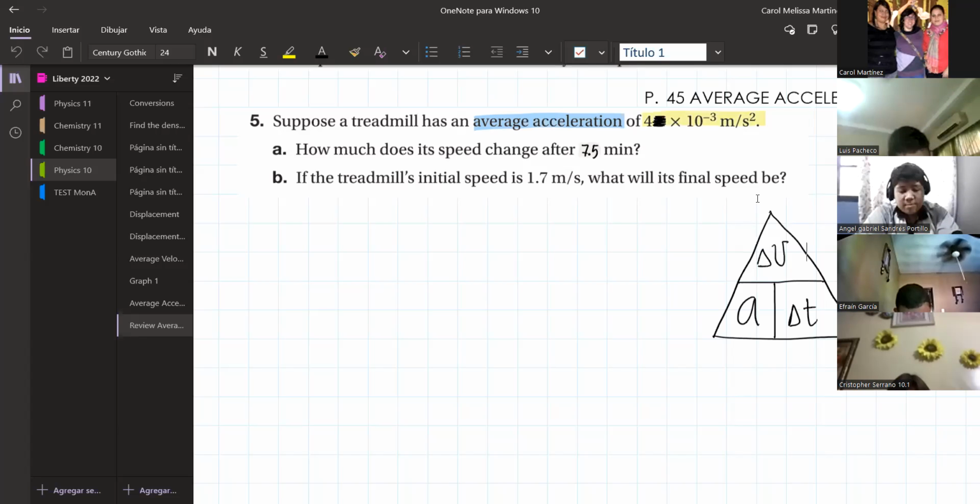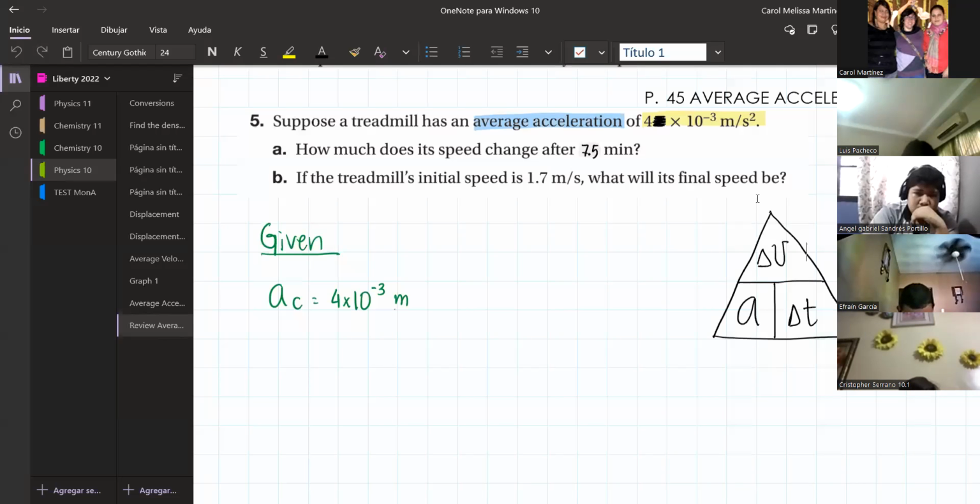That is 4 times 10 to the negative third power meters per second squared. And I know it's acceleration because the problem is telling me it has an average acceleration of. So my first given here in this example is going to be my acceleration. That is 4 times 10 to the negative third power meters over second squared.